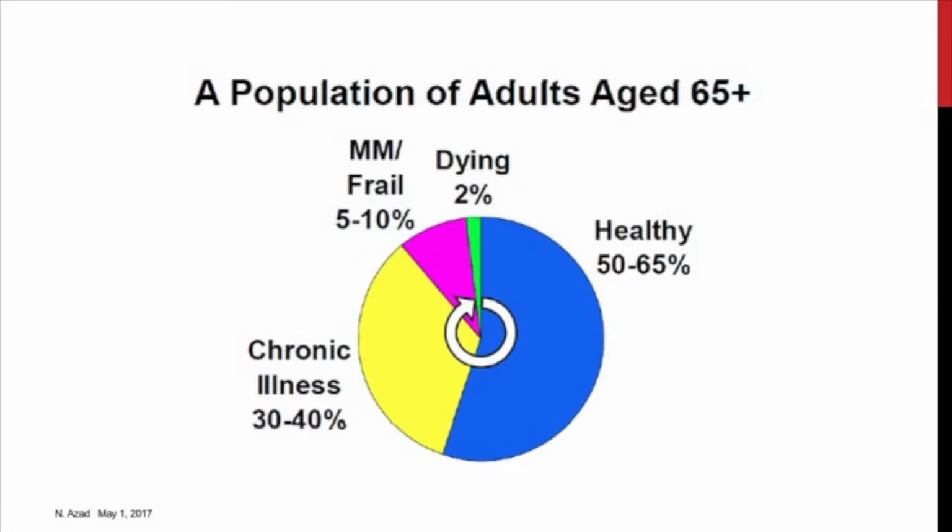When the numbers get higher, it starts to impact the body's reserve ability to withstand stress, and about 5 to 10% of that population is frail with multimorbidity, and at any one time about 2% of the population is in the dying process, at the beginning or end.